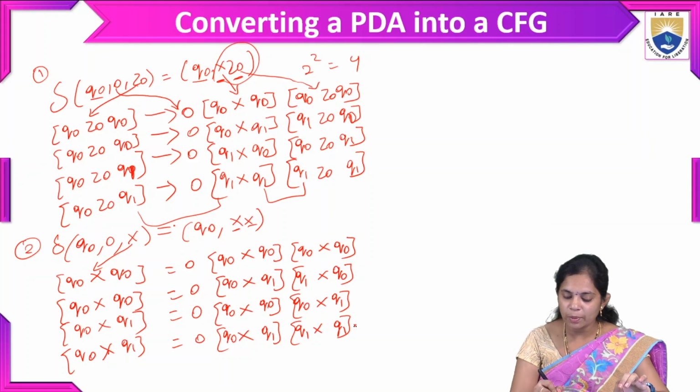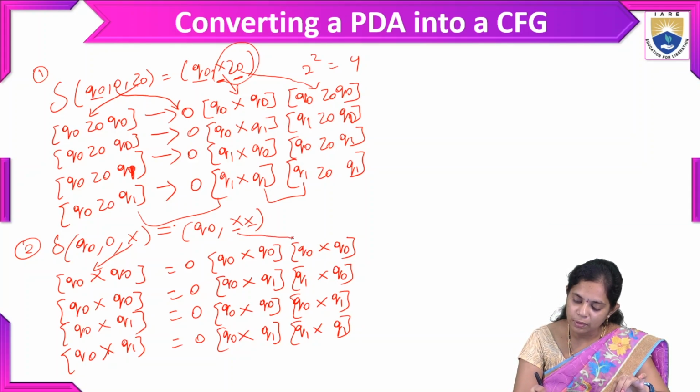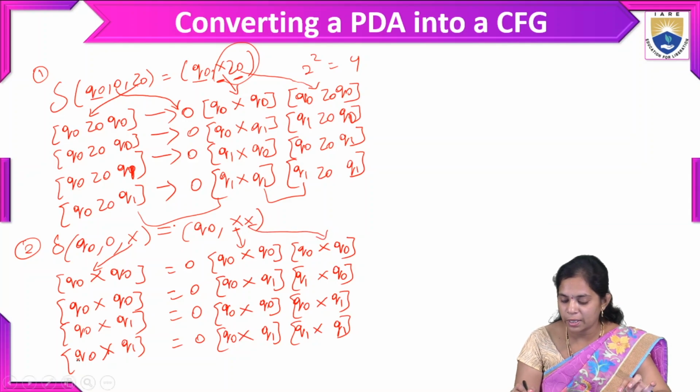Like this, we have written all the possibilities of the states. This is the first X, and this is the second X.